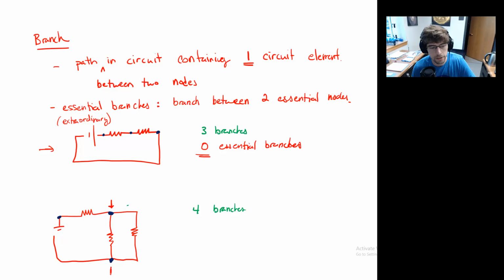We have a second essential node there, right? 3 wires in, each one leading to a different circuit element. So this one is clearly an essential branch. There's 1. A second one would be here. And a third one is this way. Maybe you caught that. So it turns out there are 4 branches, but there are 3 essential branches.